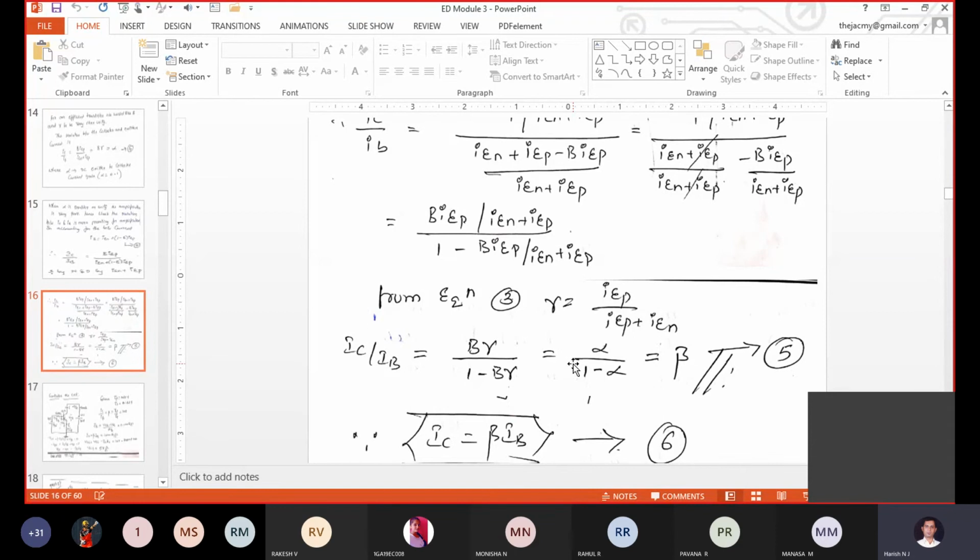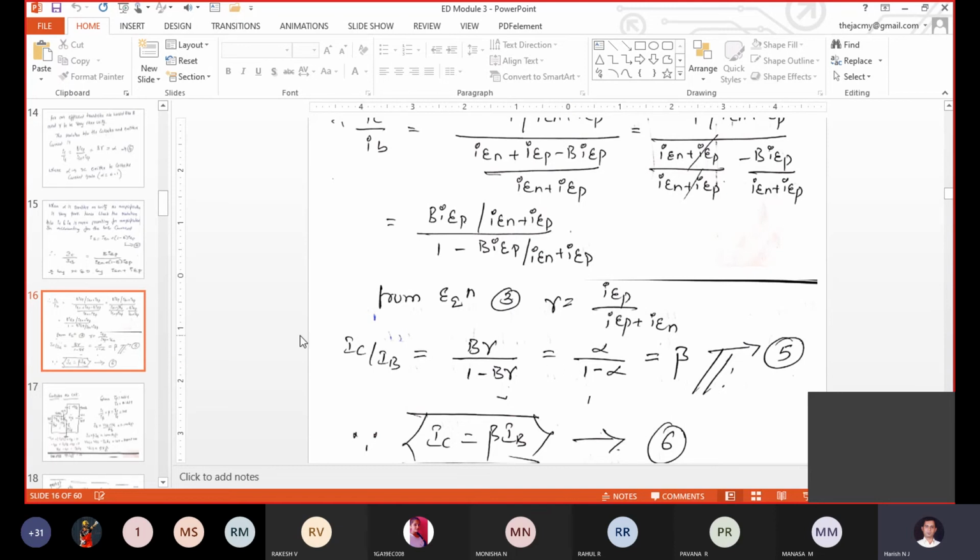SL100 and SK100 have beta equal to 100 and 150, but more than 44. Correct. So obviously we are going to use the common emitter configuration for the amplification purpose.